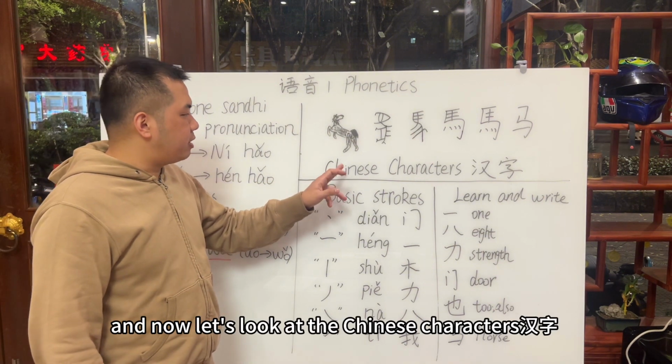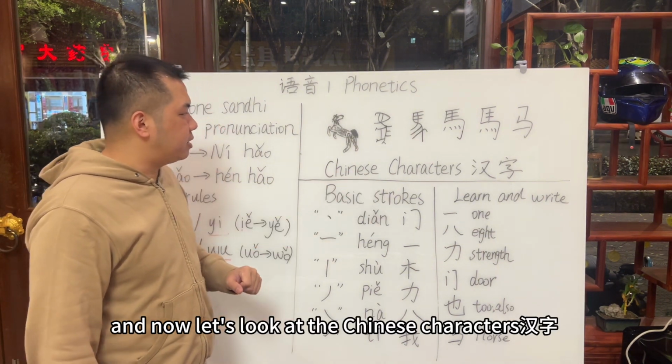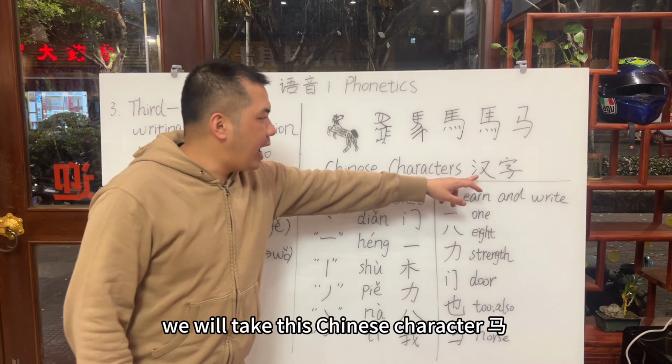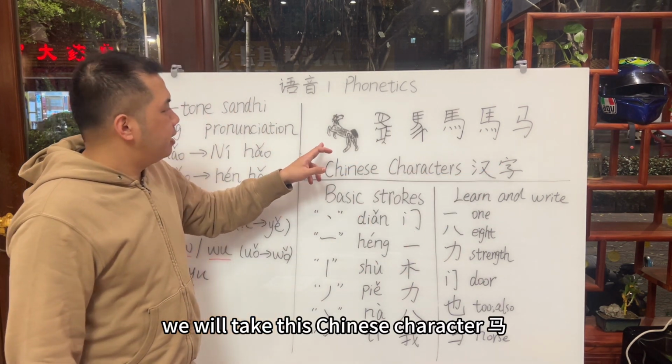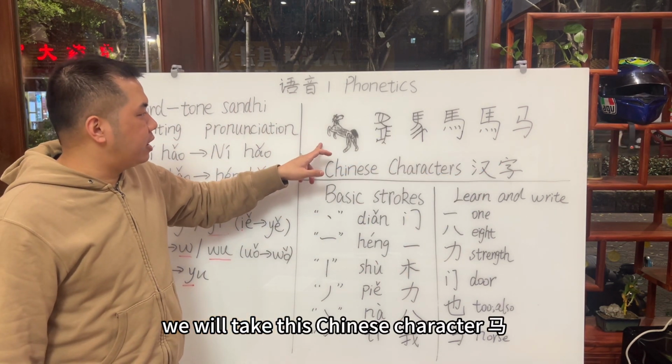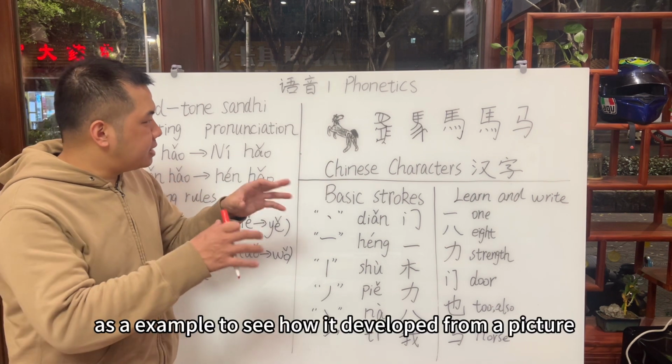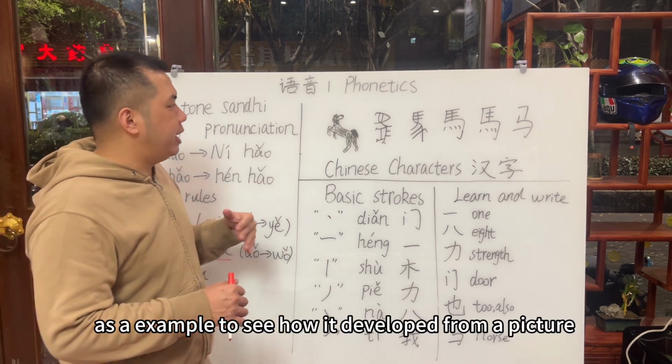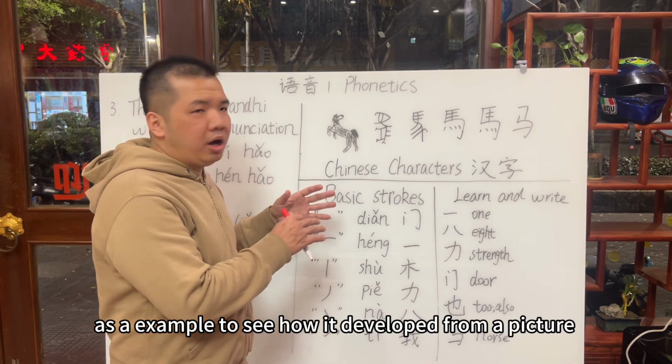And now let's look at the Chinese characters. Hanzi. We will take this Chinese character ma as an example to see how it develops from a picture.